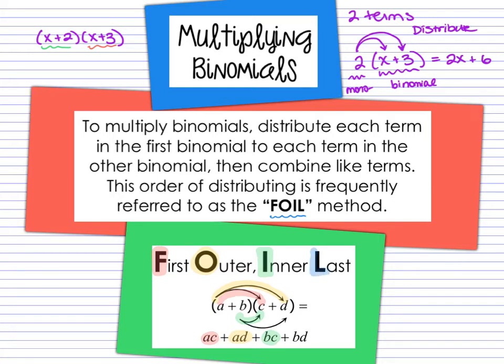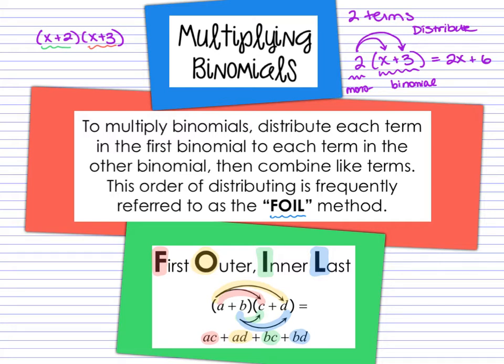Then we've got the last term. So the last two terms are the second term in each of the binomials. So in this case, it's the B, that's the last term in the first binomial, times the D, which is the last term in the second binomial. So when I multiply those, I have B times D, or just BD.